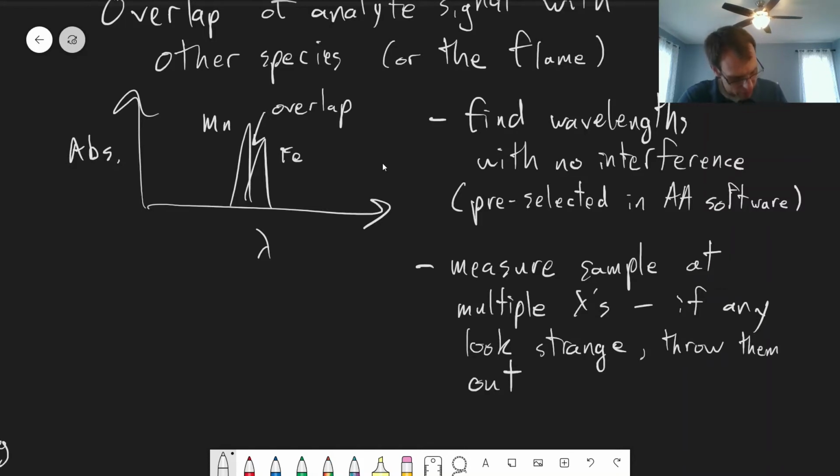So you should get the same result no matter which wavelength you choose, and this gives you a way to measure a bunch of wavelengths and see that they do all correspond to each other. And anything that doesn't, you can throw out that result and use everything else. So that is interference number one.